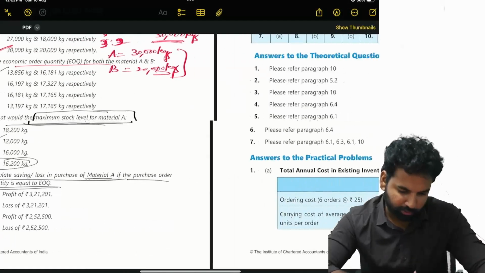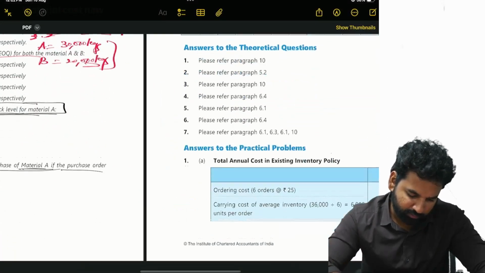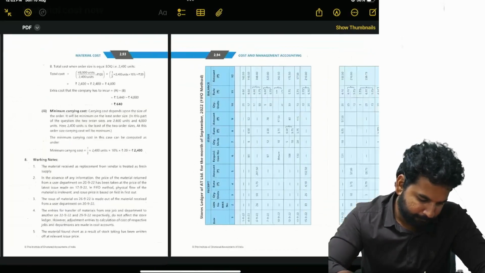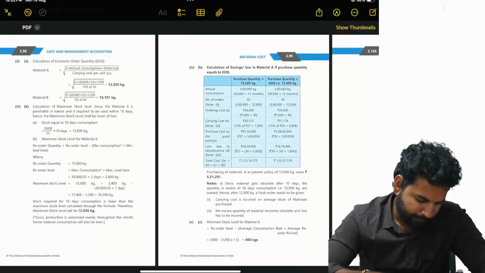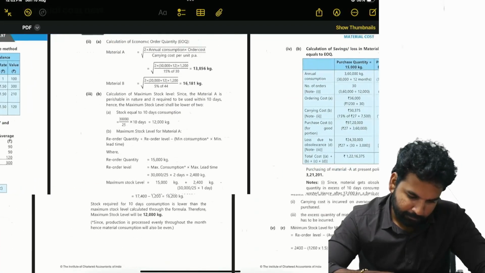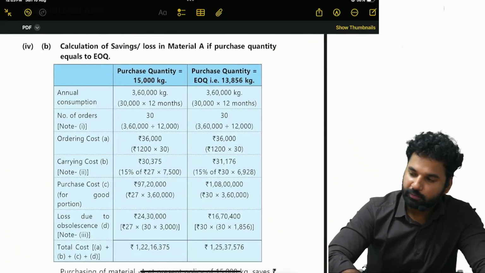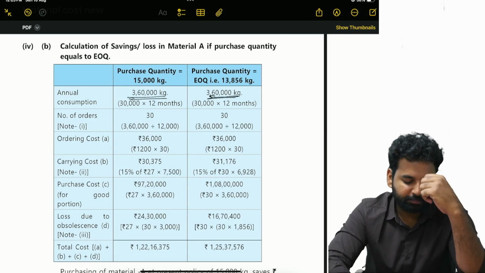This is question 4. Another question is also there. What is the minimum stop loss? See here, annual consumption is 3,60,000 kg, correct?